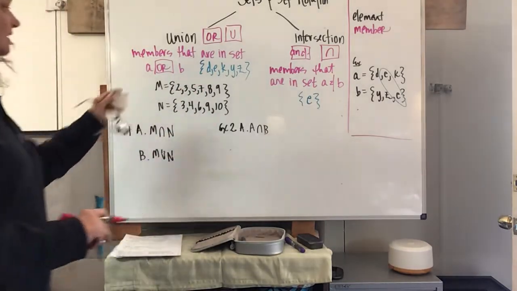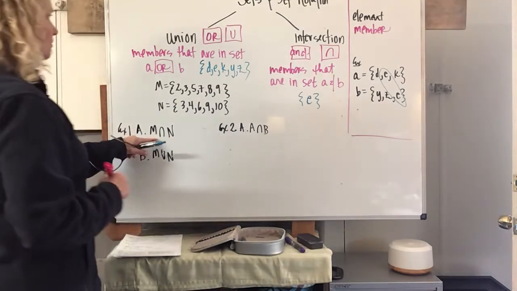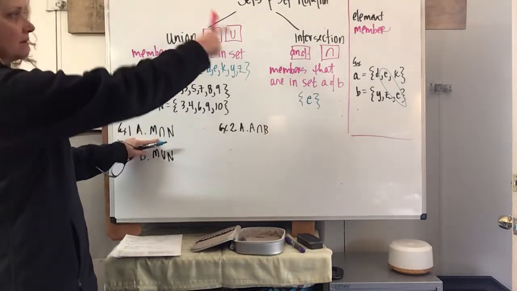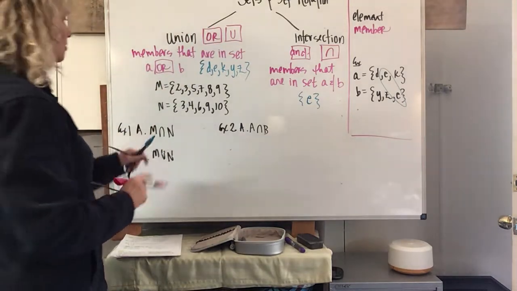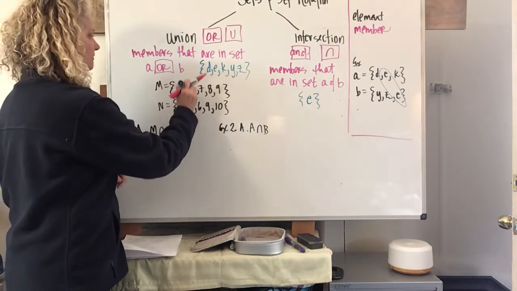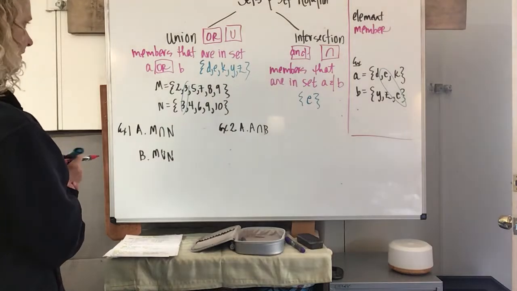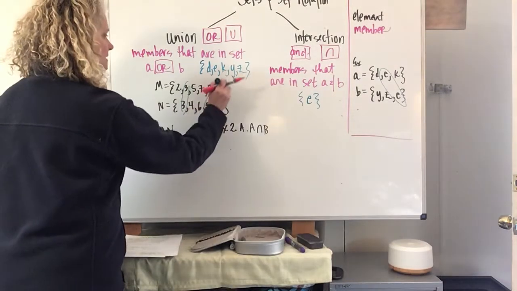So let's go to a slightly more complicated example. Here we are looking for the intersection, and. Let's see which members we have in common. We have a 3, and I missed it, a 9.